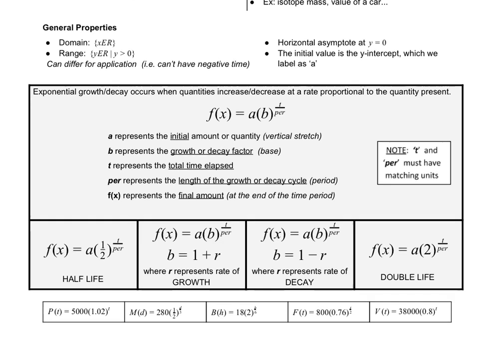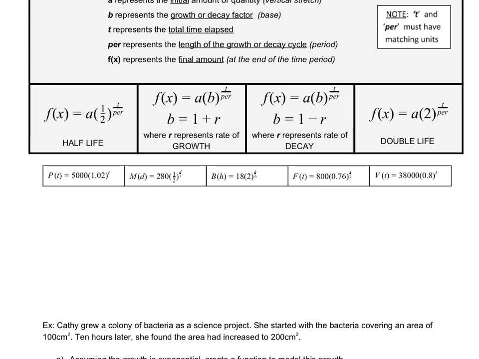Now let's look at 5 different equations here and make up a scenario to match them. So the first one is P(t) = 5,000 times 1.02 to the power of t. Seeing P(t), I'm going to say maybe it's population, and let's say years. I'm making it up to match this.